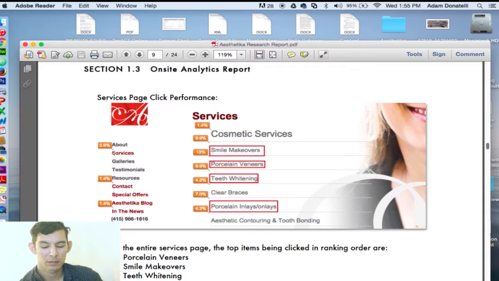We are missing an opportunity here to get that on the page so that people are able to get to that service and see what we have to offer. So that'll certainly be in the suggestions that we need to make: we need to include implants on this page. All right.